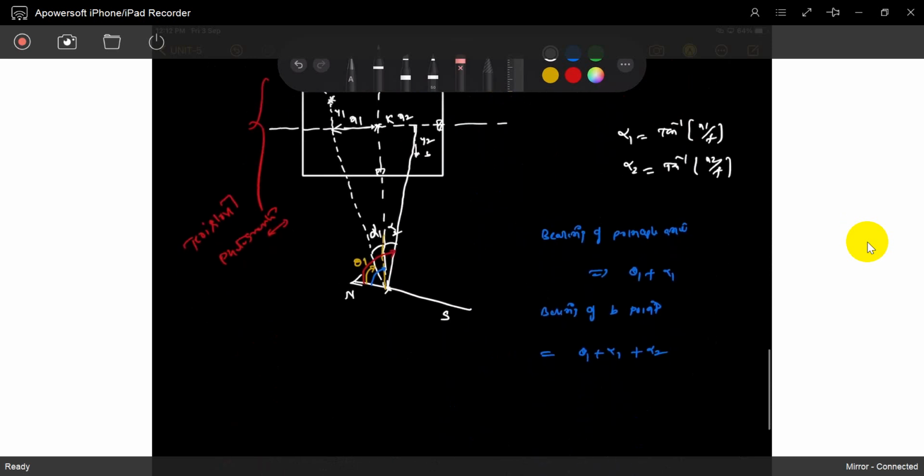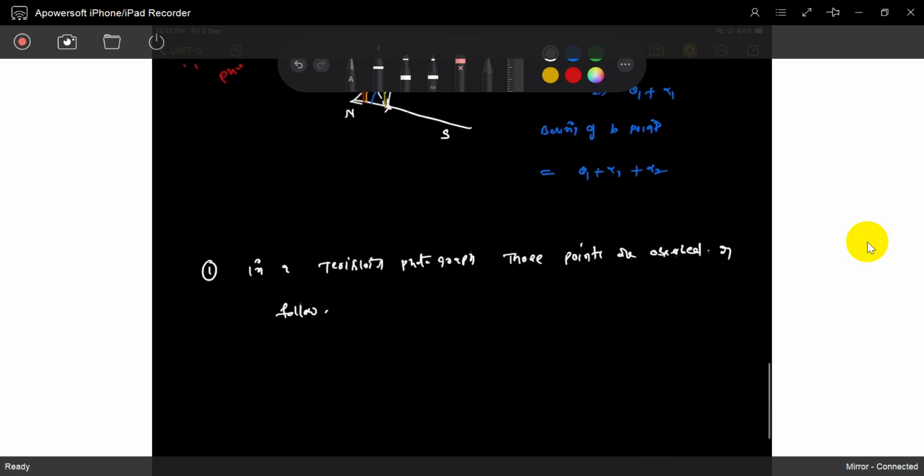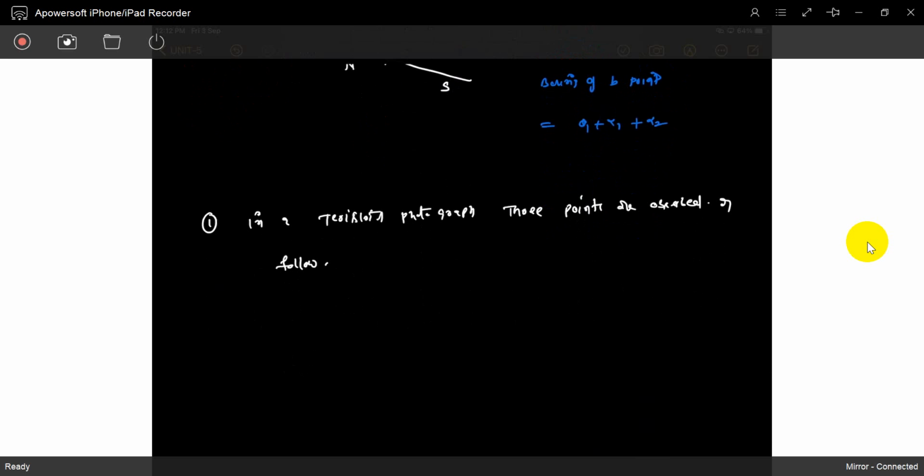I will do one problem. In a terrestrial photograph, 3 points are observed as follows.